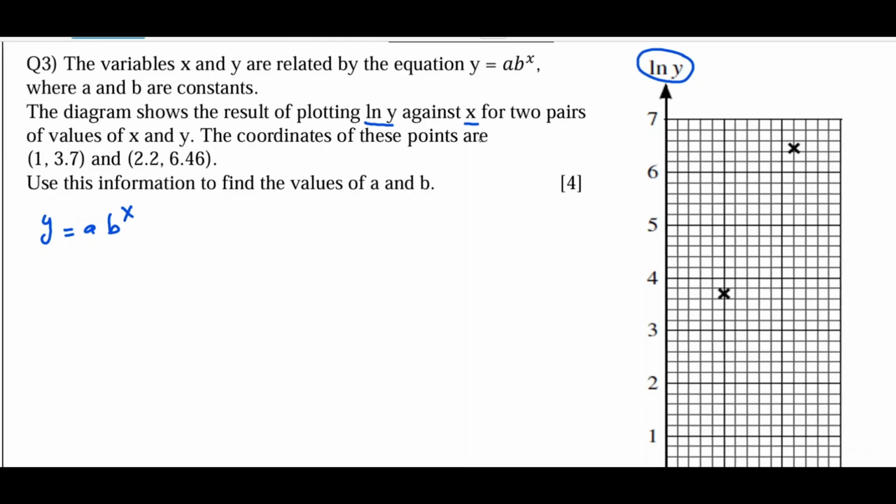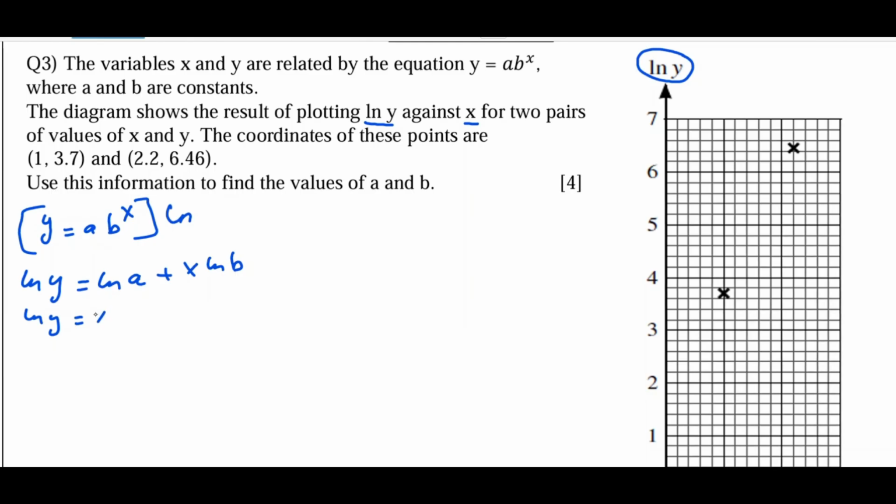Use the information to find the values of A and B. Because they told me in the question that the output is ln y, I'm going to multiply my equation by ln. It's not always ln; you have to use ln or log according to the question. So ln y equals ln a plus x ln b. ln y equals x ln b plus ln a. This is the output, this is the input, the gradient, and the y-intercept.